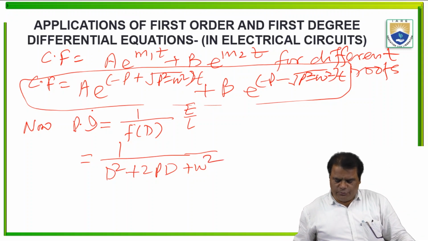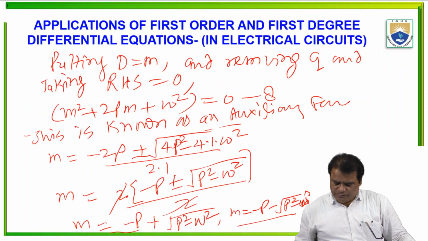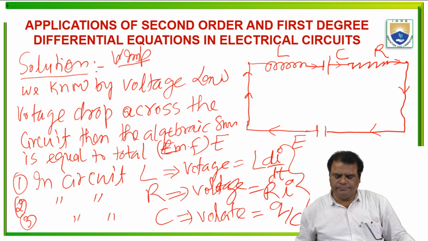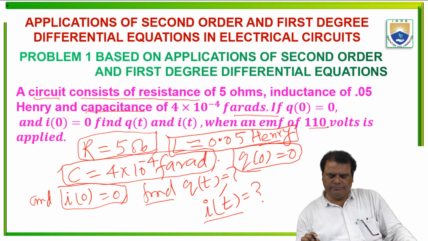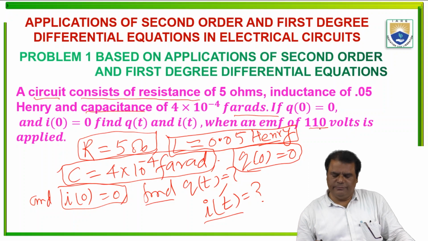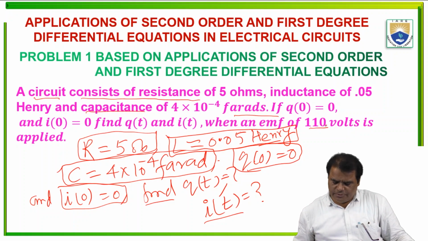What is E upon L? It is 220 volts. Here may be a mistake, 210.